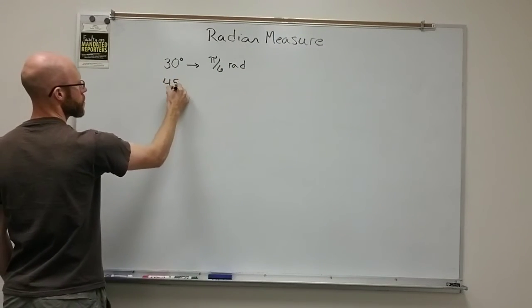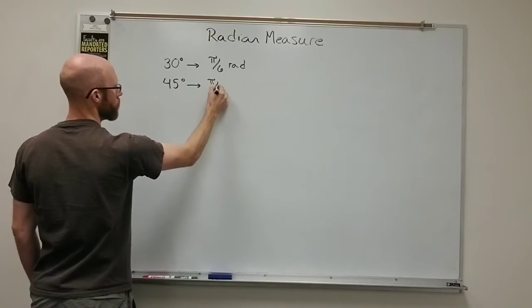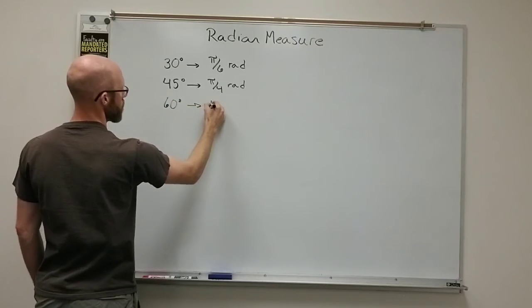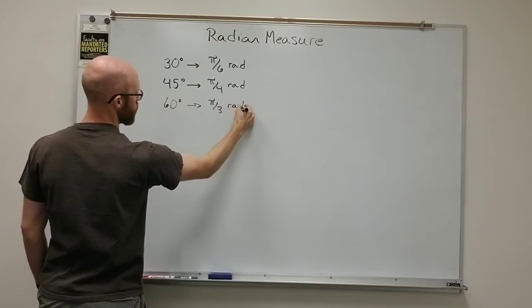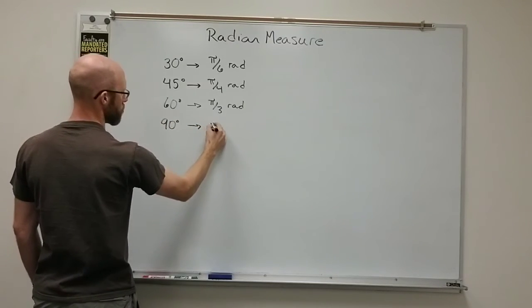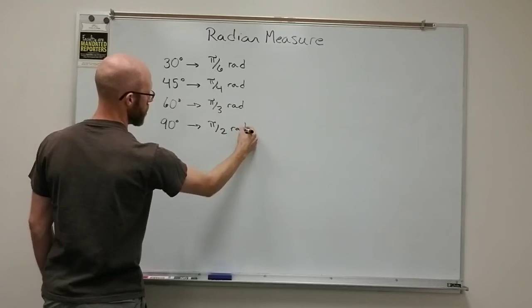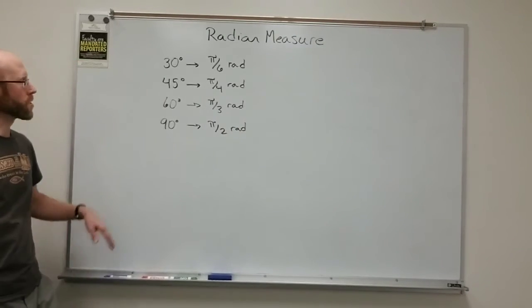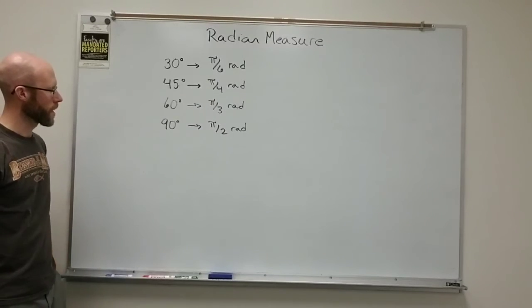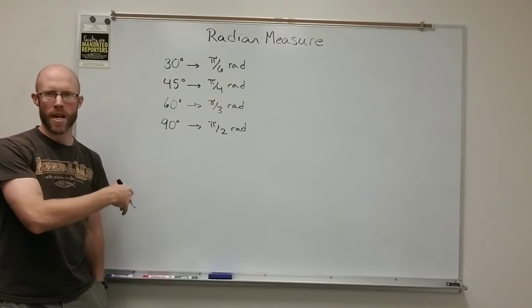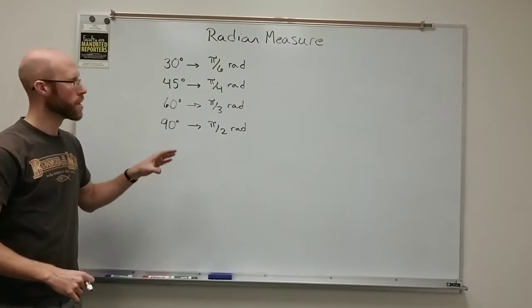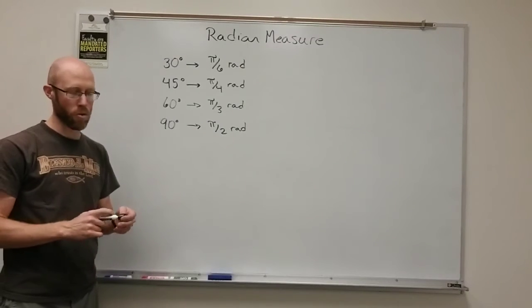A 45 degree angle is the same as pi over 4 radians. A 60 degree angle is pi over 3 radians. And a 90 degree angle ends up being pi over 2 radians. These 4 are going to be very important for you to know. And then of course, 180 is pi radians and 360 is 2 pi radians. Those are a couple other ones, but these 4 are going to be very, very important.